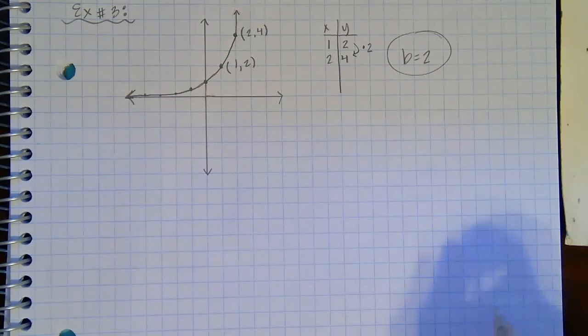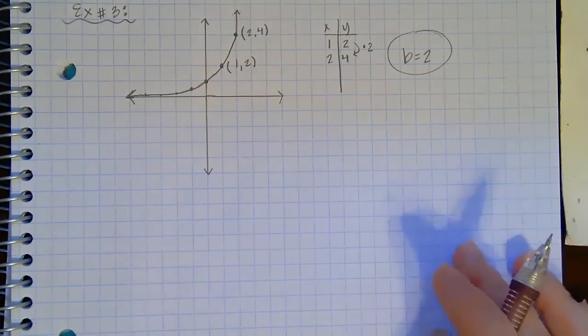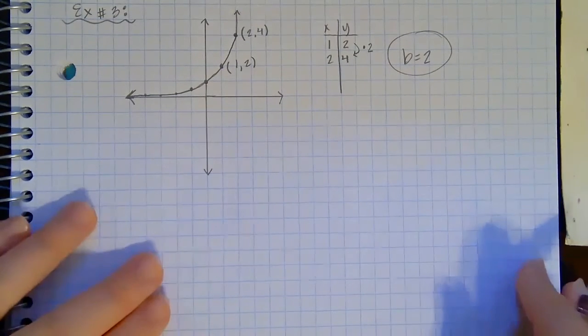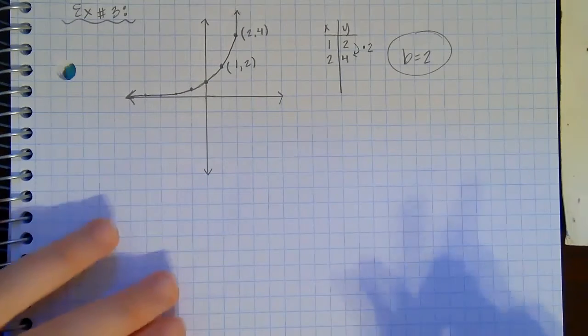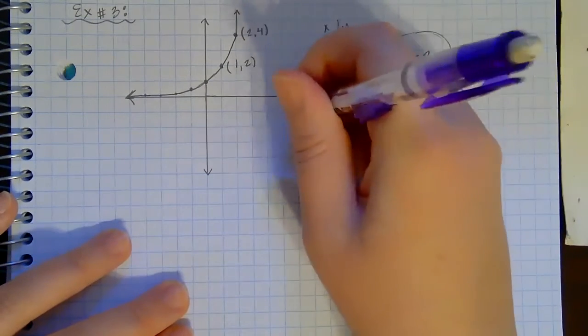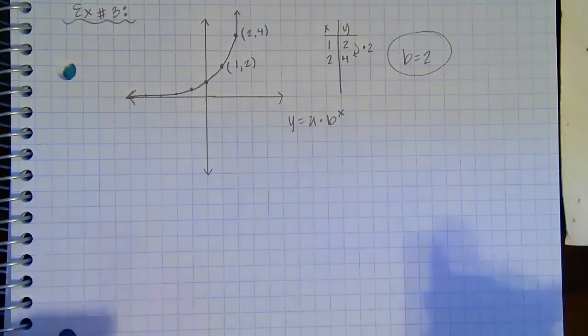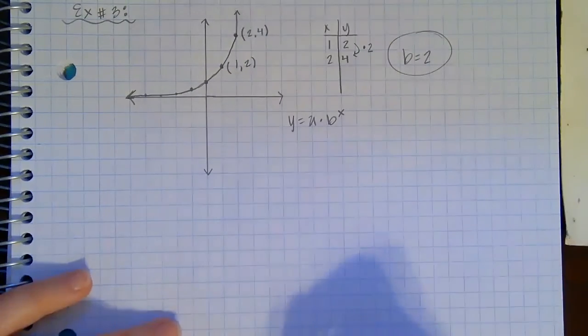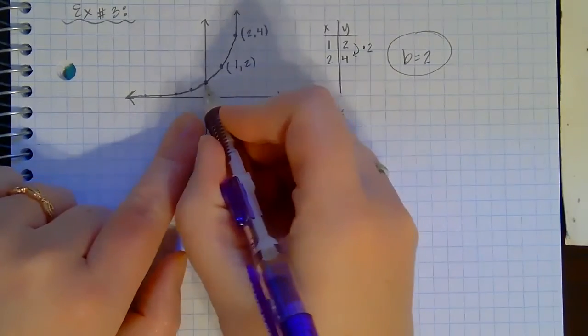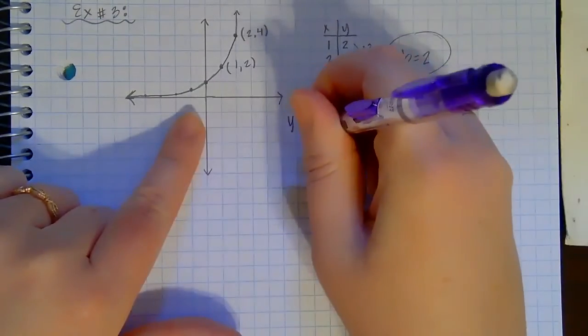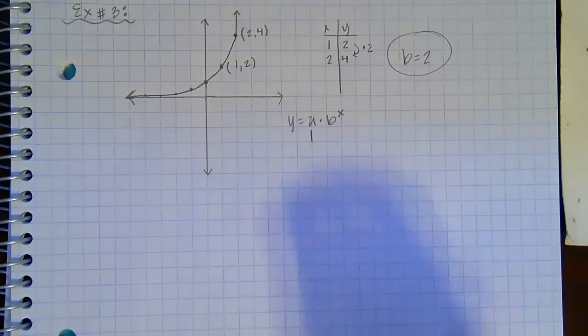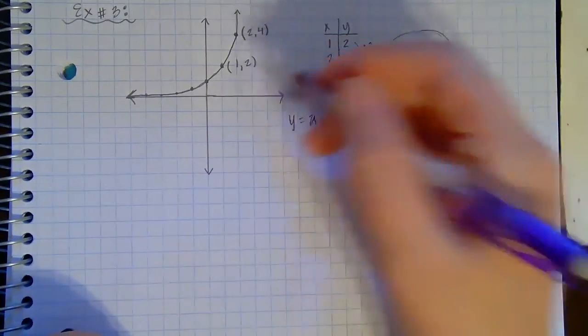Okay. Now, sometimes it might not be that easy. So if it's not that easy, I can use equations to help me find my multiplier. So remember, I have y equals a times b to the x, right? So I can substitute in the numbers that I have. So here I can see my a value is 1, so I can put 1 in for a. And let's say I pick one of my points.